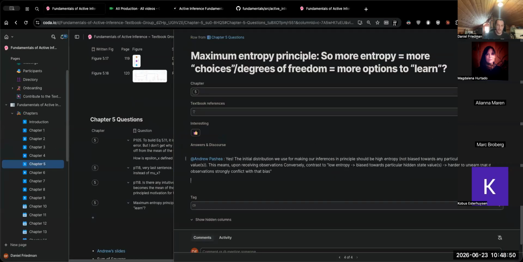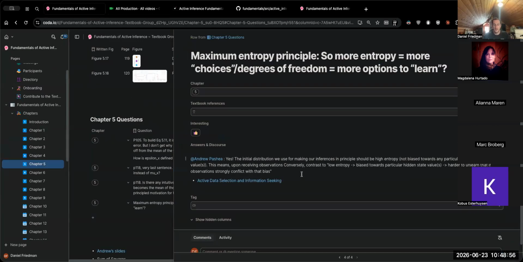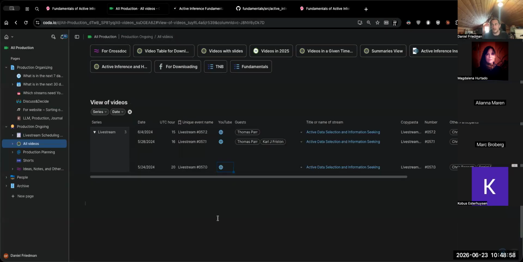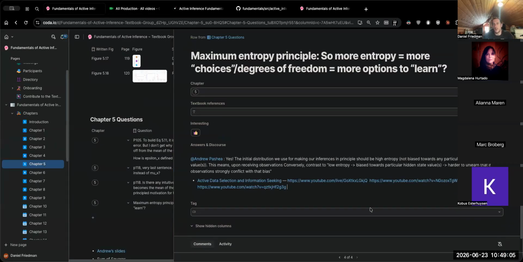And I'll also bring in live stream 57 with Thomas Parr on active data selection, talking about Bayesian clinical trials. In this set of streams and in this paper, they go into the best detail of what the situations are where epistemic value is equivalent to maximum entropy, and what the situations are where epistemic value is different from or better than maximum entropy-based sampling.